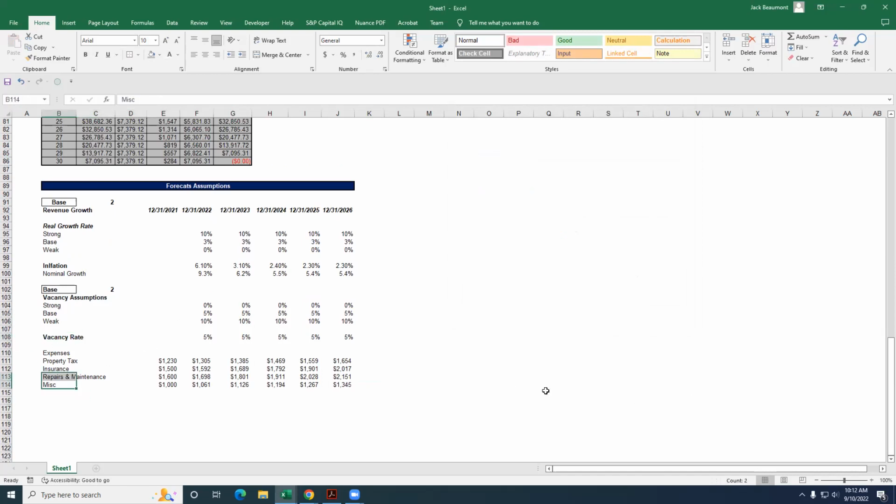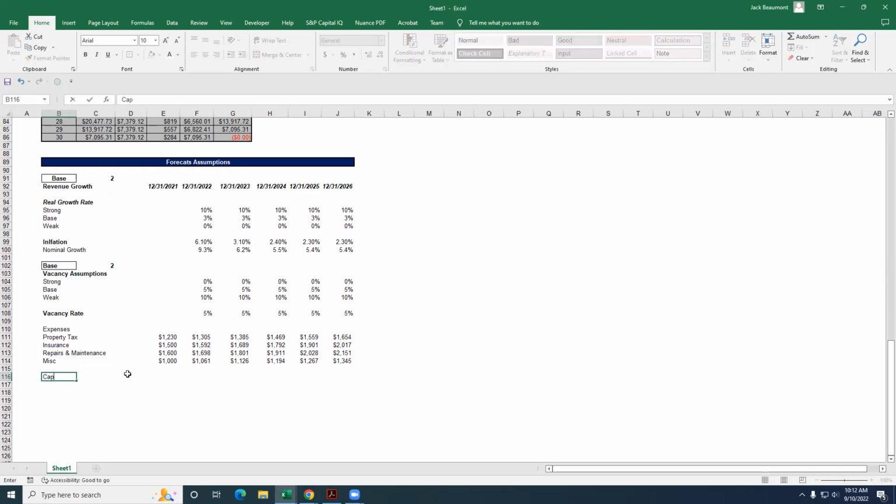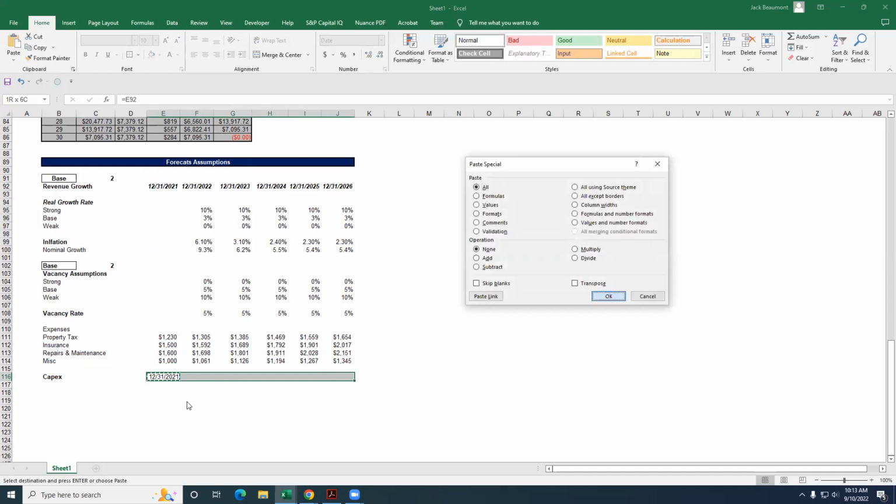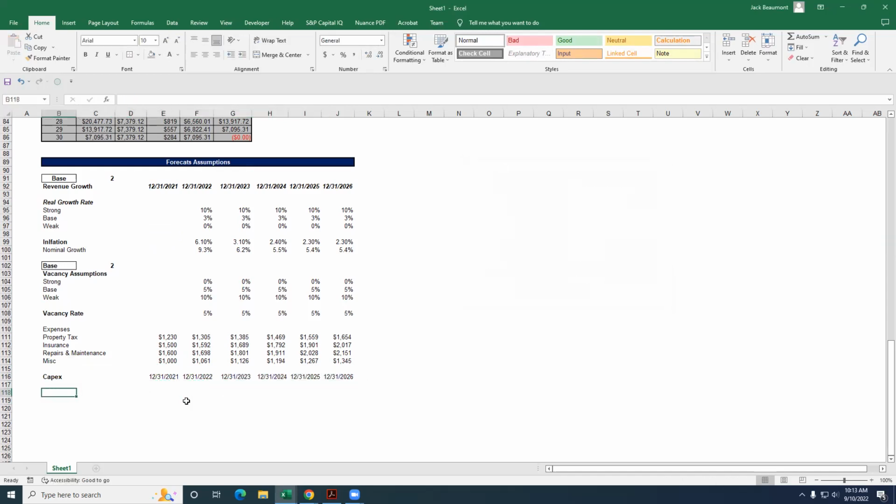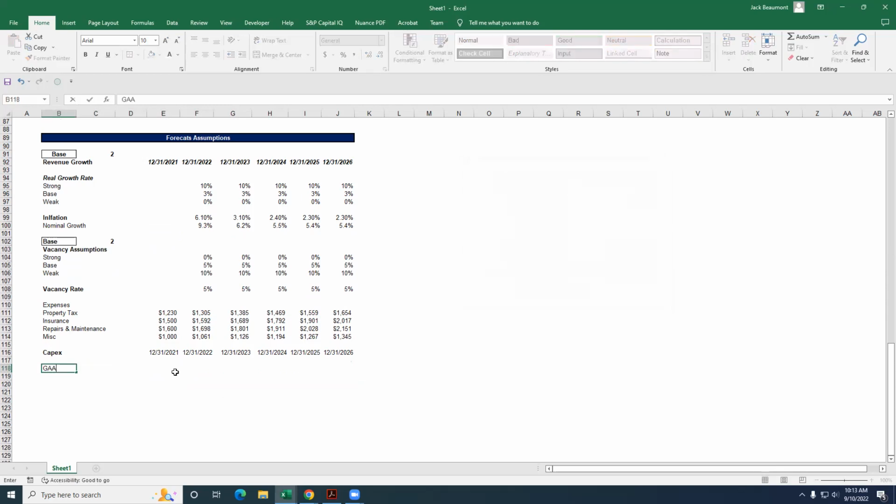Now we assumed no capital expenditures other than the property we bought here. So GAAP, 27.5 years, is how much you can depreciate a property by.